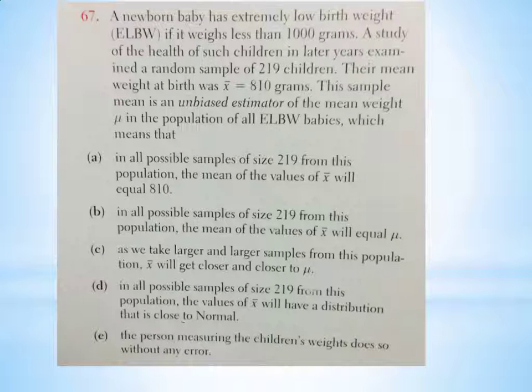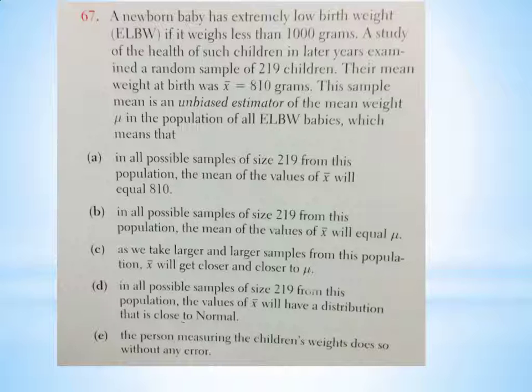A newborn baby has extremely low birth weight, ELBW, if it weighs less than 1,000 grams. A study of the health of such children in later years examined a random sample of 219 children. Their mean weight at birth was 810 grams. This sample mean is an unbiased estimator of the mean weight, mu, in the population of all ELBW babies.